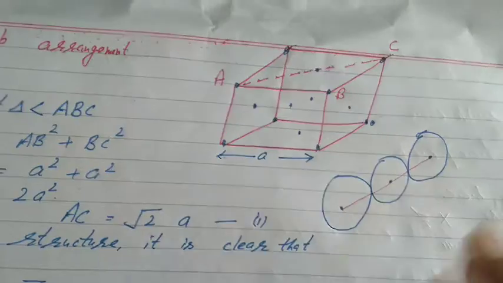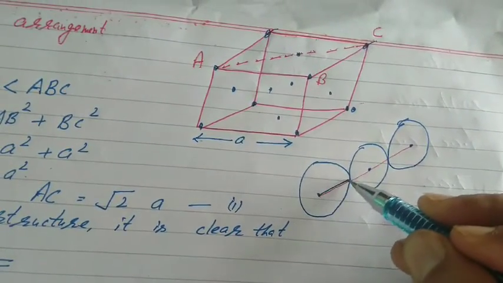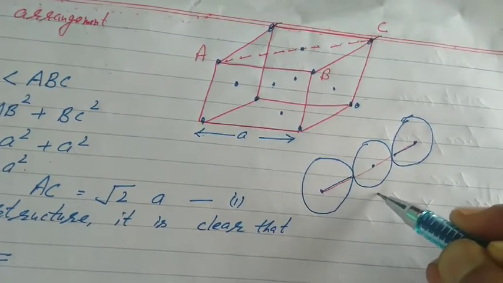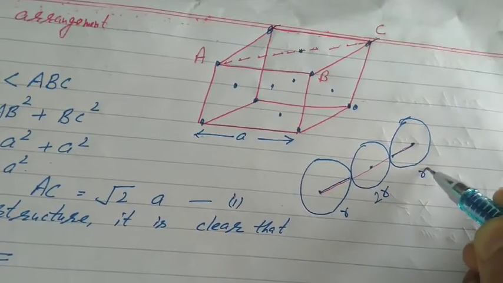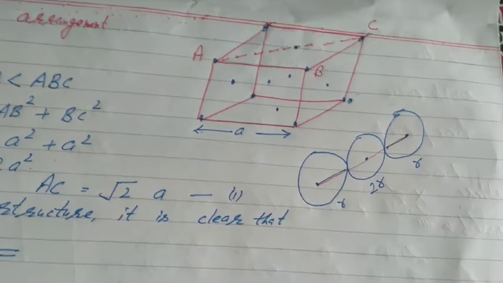From the structure it is clear that AC is equal to r radius, again r radius, r plus r, 2r. From the structure it is clear that AC is equal to 4r, students.